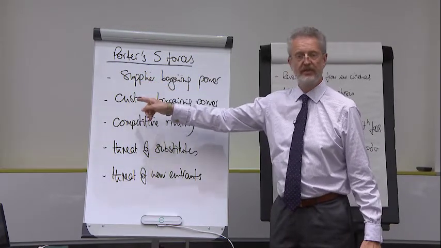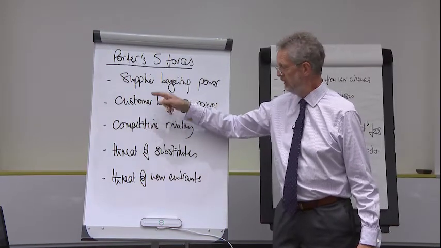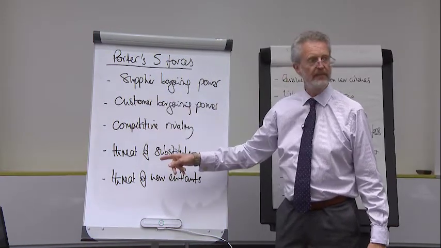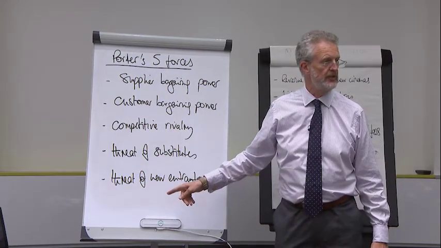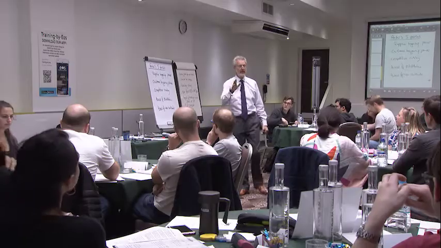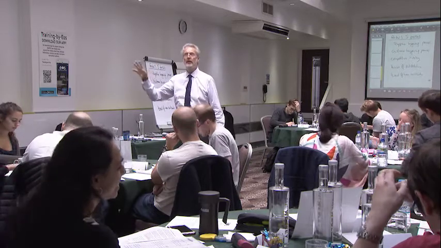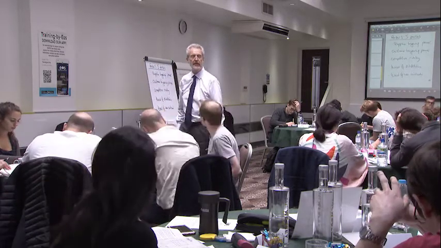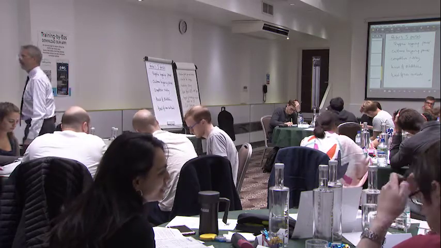Who are the customers or customer groups? Who are the competition? Who might be the substitutes? And who might be the new entrants? So we get the discussion focused. Okay, so just in your table groups, can you put some definitions in? You might have more than one in each of the categories. That doesn't matter. Just trying to get a feel for what's going on.